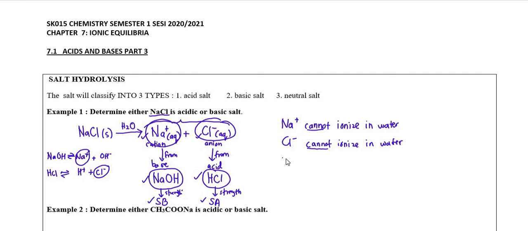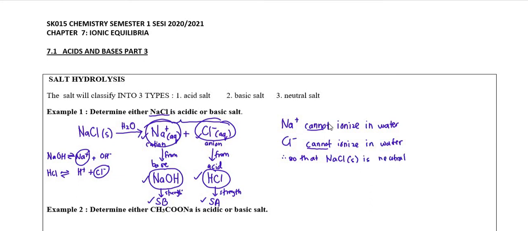So, as conclusion, so that bila both cation and an ion is cannot ionize, so that NaCl salt is neutral salt.